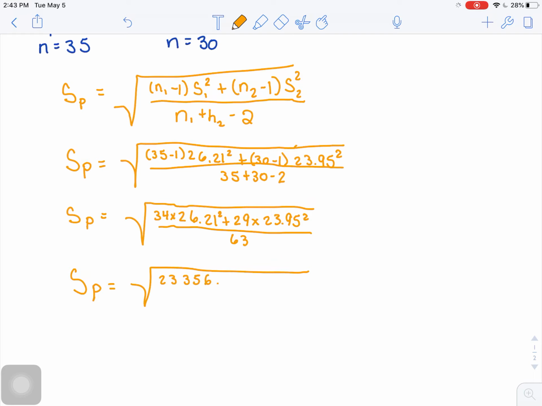That will give you 23,356.7794, plus, and then if you do 23.95 squared, then times 29, you get 16634.4725. And again, it's still all divided by 63.